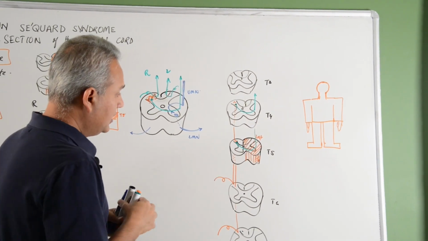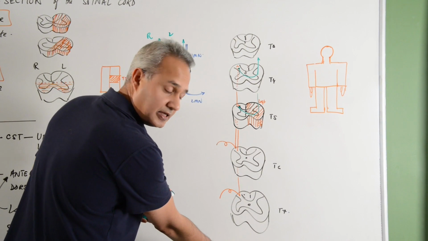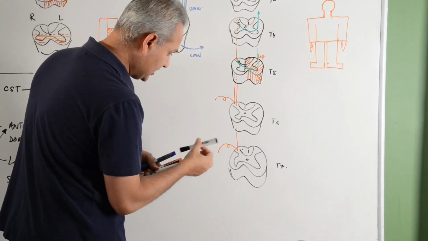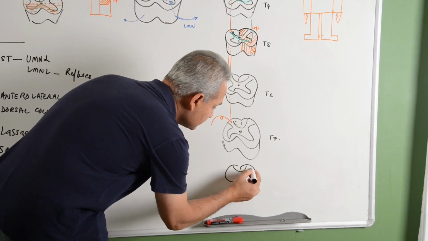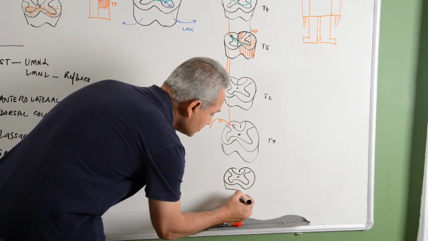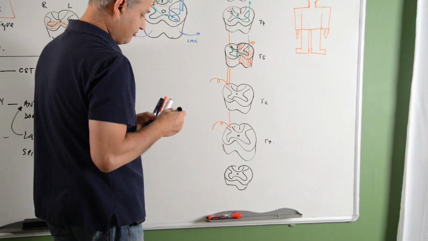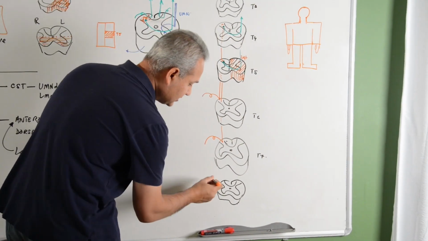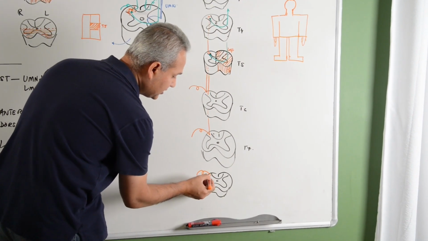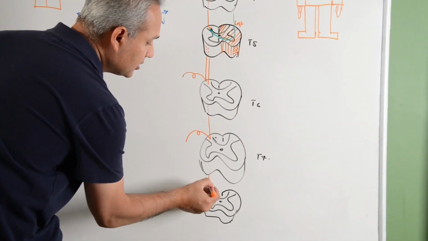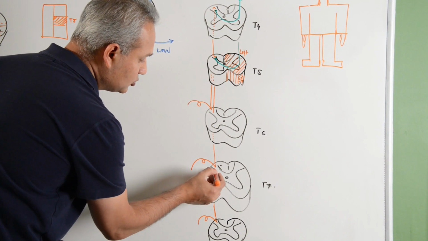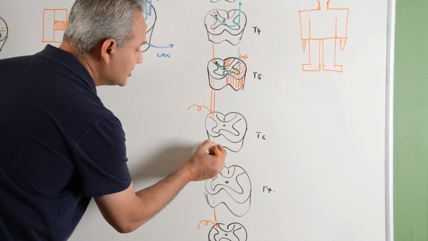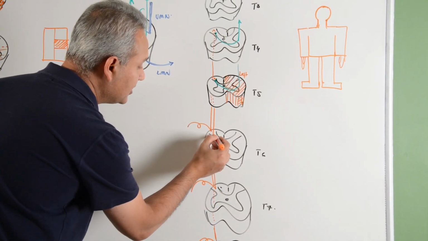Cool. How about T8? If there was a T8 here, let's make that. Let's make a T8 here. How about T8? The fibers for the T8 will also come in here, go up 2 segments on the same side. So this is 1, this is 2, relay here.